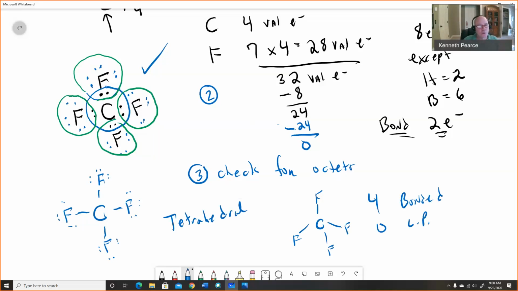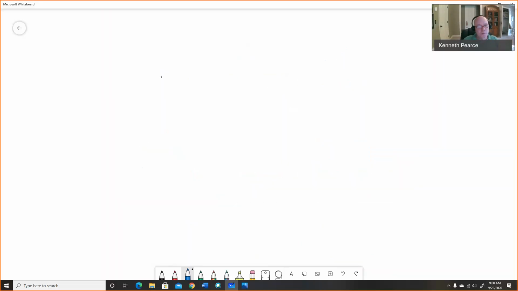All right, well, let's do another one. How about carbon with 4 hydrogens attached? And this would be known as methane. And so once again, we go ahead and we count up the valence electrons. We look on our periodic table and we see carbon has 4.